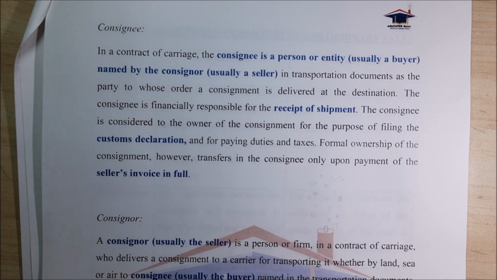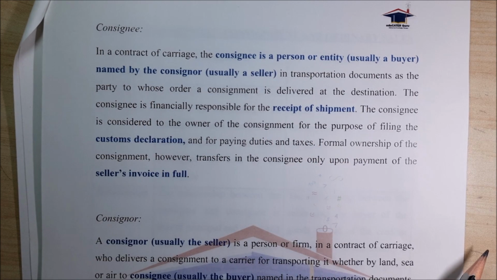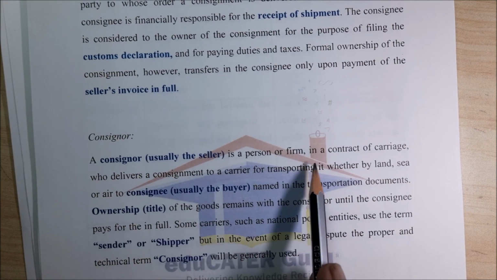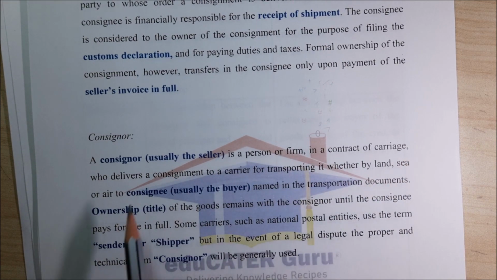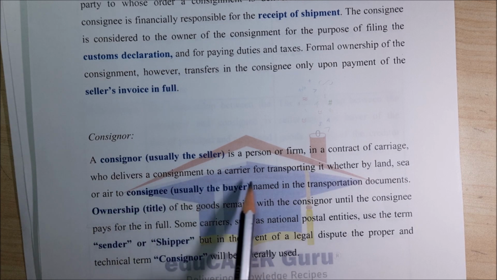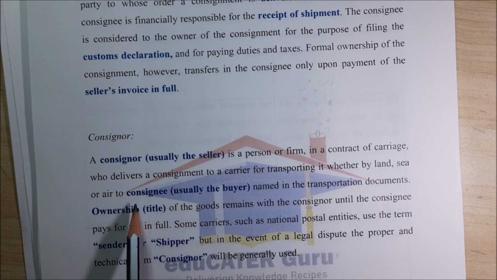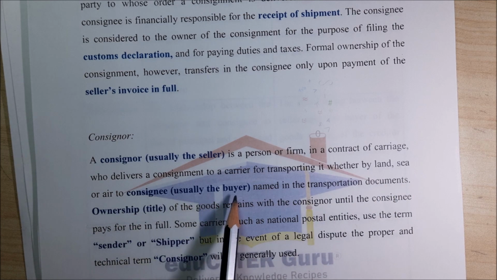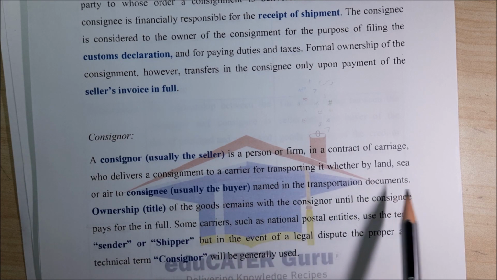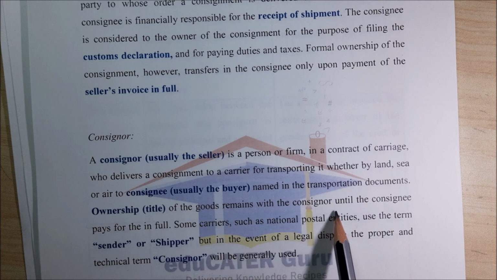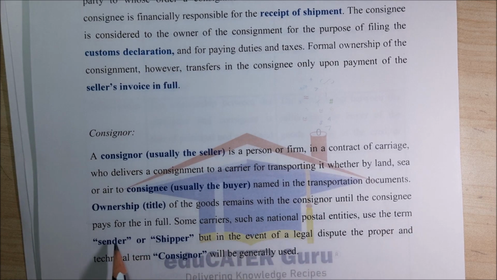That person is called the consignee. The consignor, usually the seller, is a person or firm in a contract of carriage who delivers the consignment to a carrier for transportation, whether by land, sea or air, to the consignee, usually the buyer, named in the transportation documents. Ownership title of the goods remains with the consignor until the consignee pays in full.